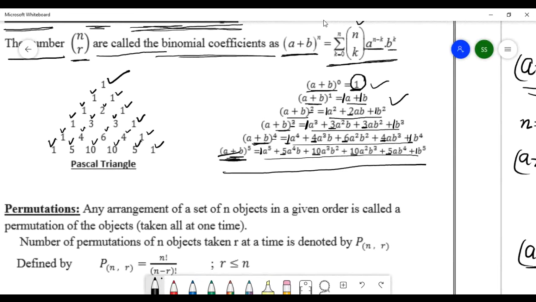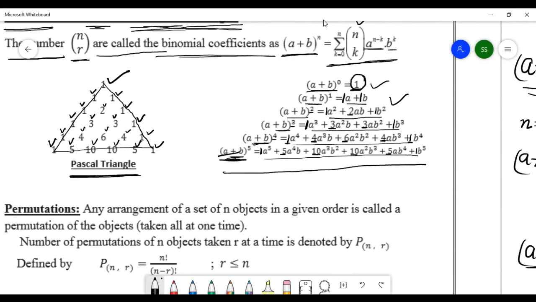If you arrange it this way, all the binomial coefficients give you this structure, and it looks like a triangle. If you connect these, it looks like a triangle, and this triangle is called Pascal's triangle.